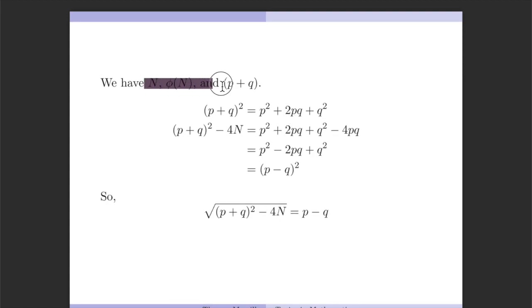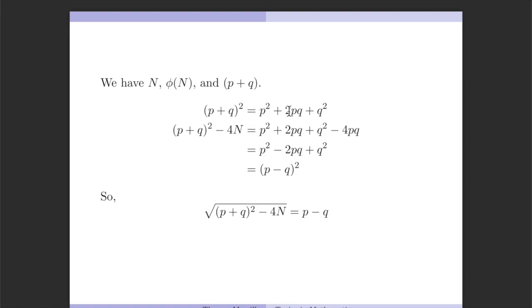So, again, I know these three numbers. Let me take p plus q, which is a number that I know, and I'll square it. I don't actually know what the p and the q are, but whatever they are, the algebra has to follow this formula. I'll get p squared plus 2pq plus q squared.